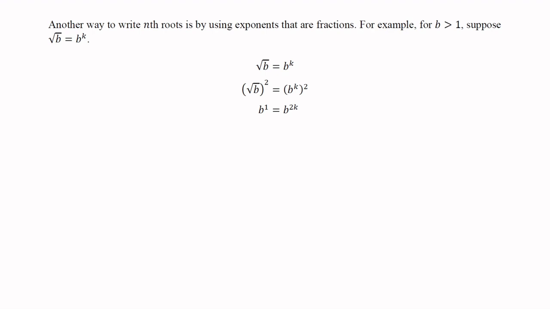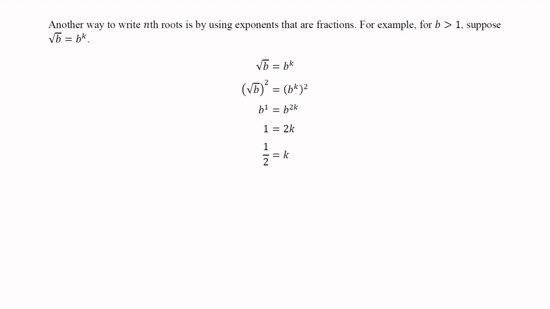We use our power to a power rule to get b to the 2k on the other side. And since we have the same base, then we know that our exponent of 1 on the left side has got to be equal to our exponent of 2k on the right. And then if we divide each side by 2, we get that k equals 1/2.